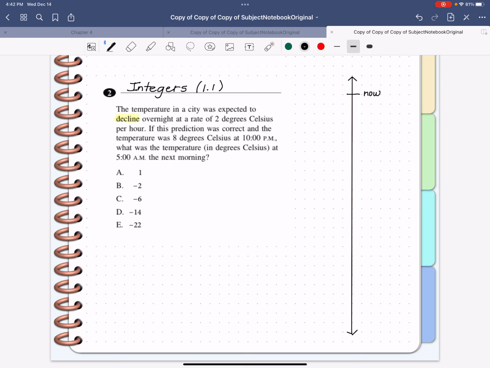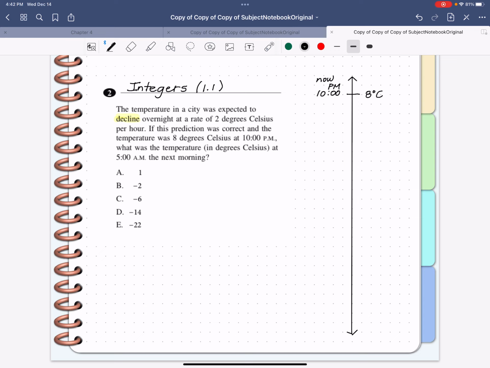So at 10 o'clock p.m., that's the current. Let me do it this way because I need to put my numbers in. So at 10 o'clock p.m., we know the temperature is 8 degrees Celsius.